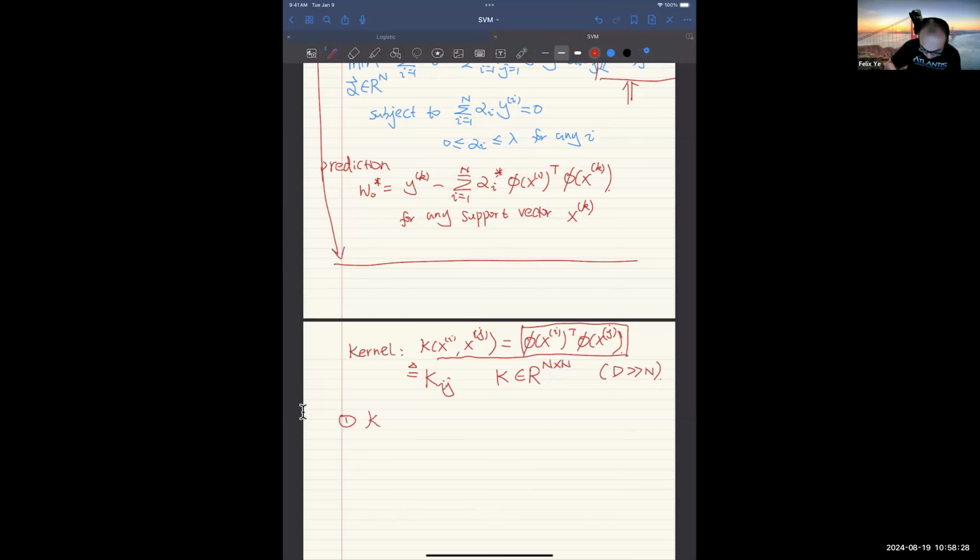You can define the kernel functions separately. For example, the linear kernel is just x transpose z, and this only takes about order of d. So this is the linear kernel.